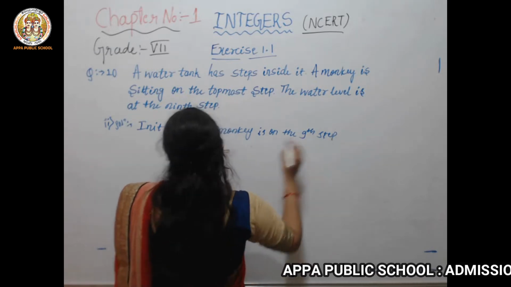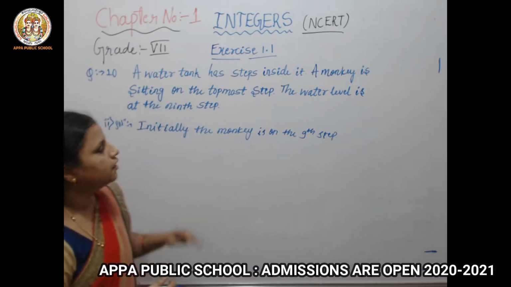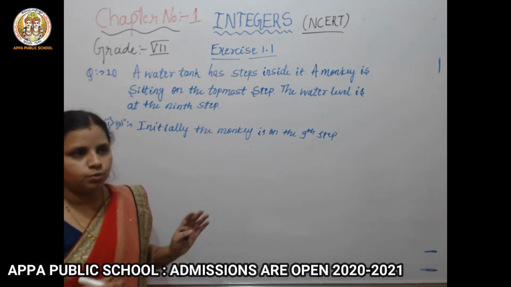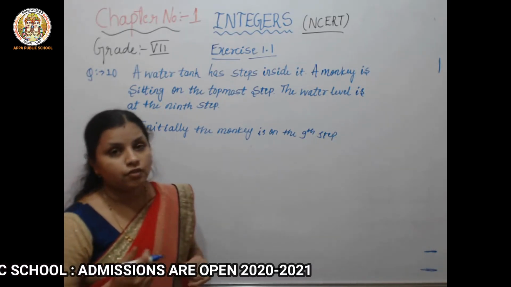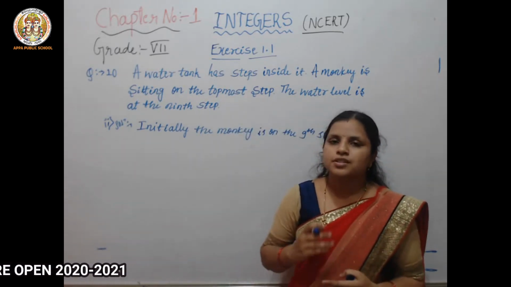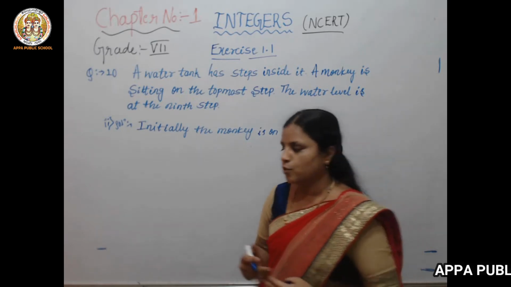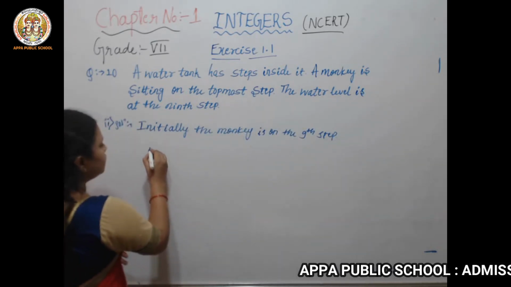Now what are the steps the monkey is following? 4 and 2, that is minus 4 plus 2. And why are we taking minus 4 and plus 2 here? Because steps up are negative and steps down are positive. So after the first jump.